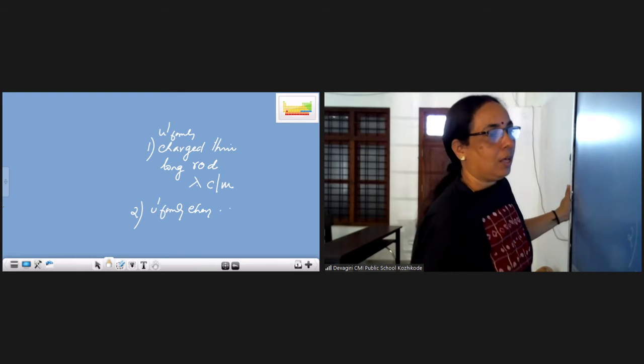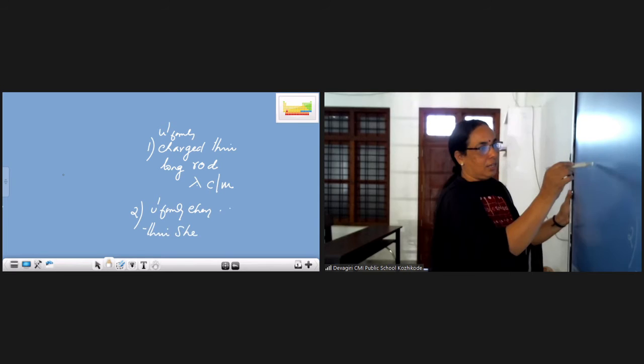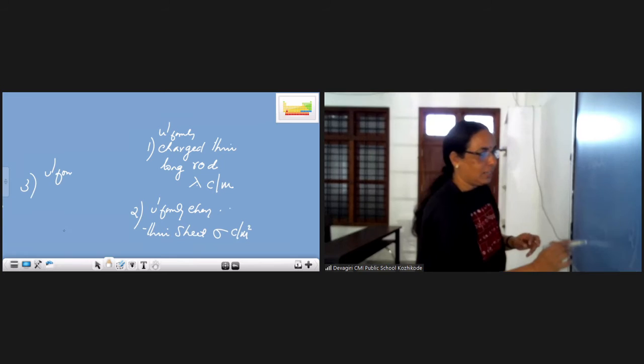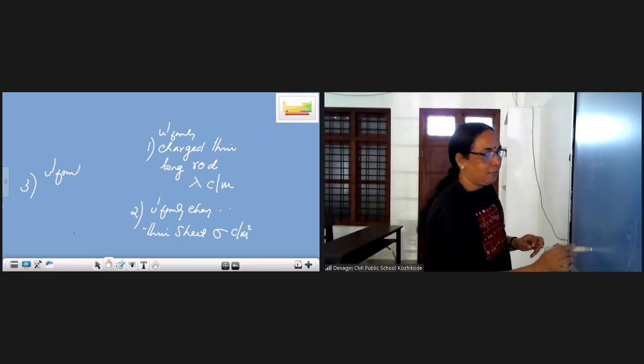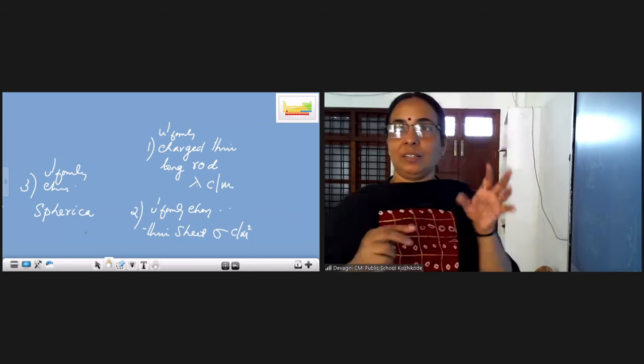And the third case where we are going to apply it is a uniformly charged spherical shell. Spherical shell, it's not a sphere. If it is a sphere, I have to consider all its volume. But this is a spherical shell. For example, you take your ice cream football or whatever.